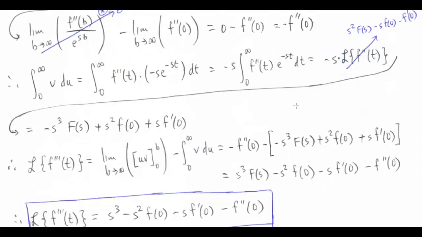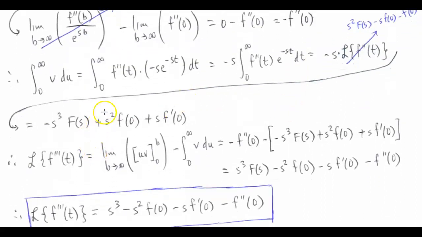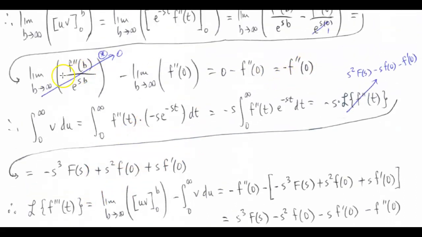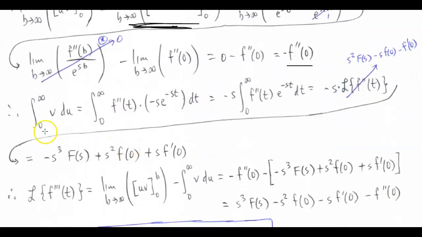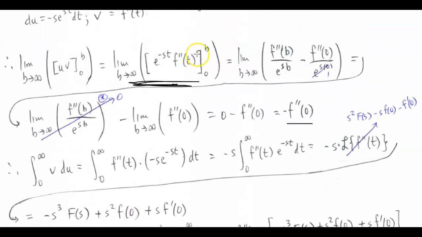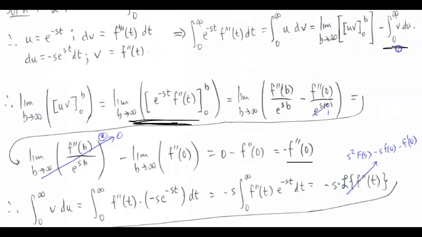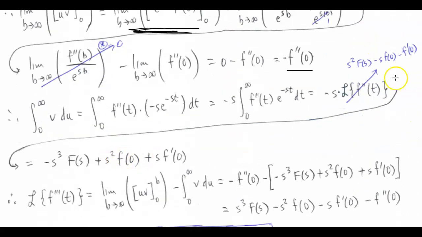And so as we work it out, we see that, of course, when we take the limit of the second derivative, basically doing this term here, we get minus the second derivative evaluated at 0, which is what we kind of expected. And of course, when we do the second term, we get something that looks like this times a minus s.